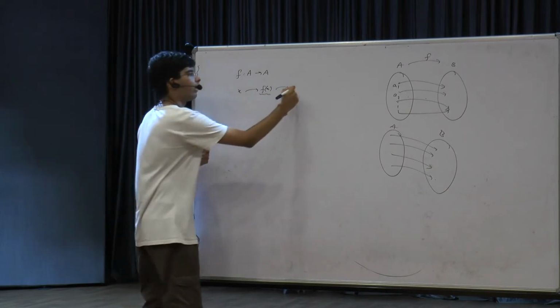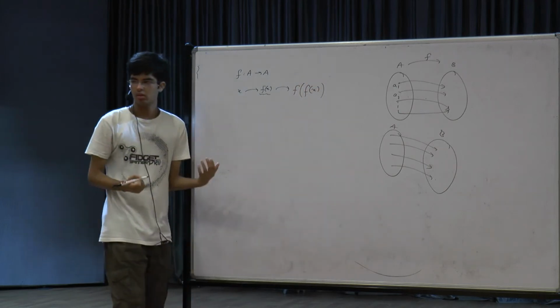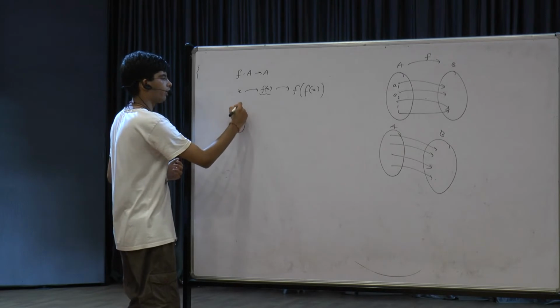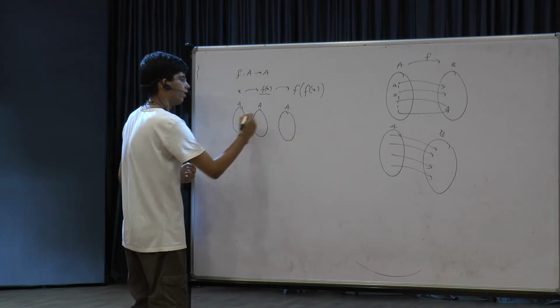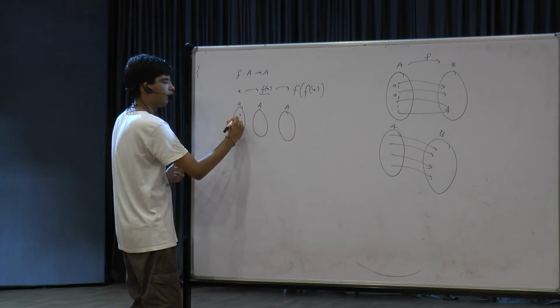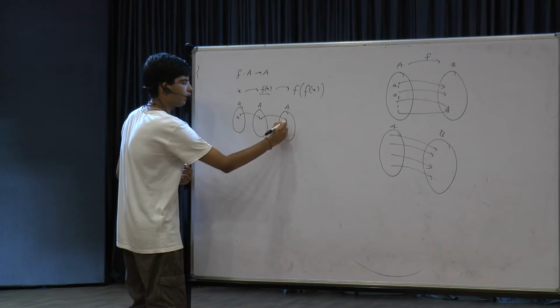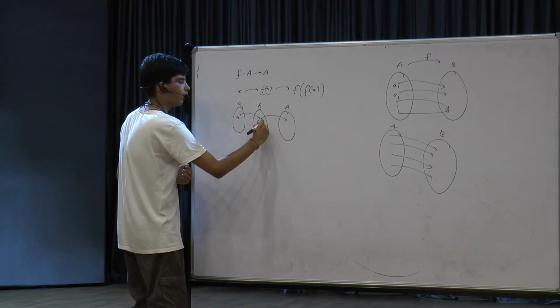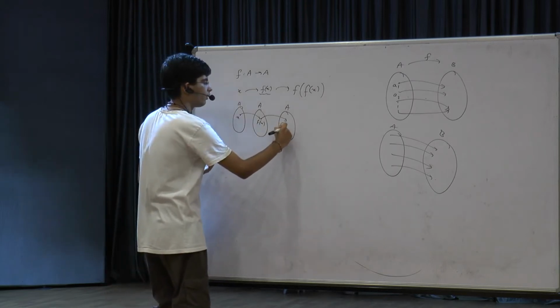So we look at set A, set A again, and set A again. We have x going to something, and that something going to something else. This thing we call f of x because we don't want to refer to it as some ambiguous thing, and this thing we call f of f of x.